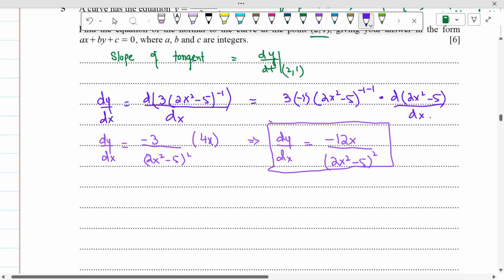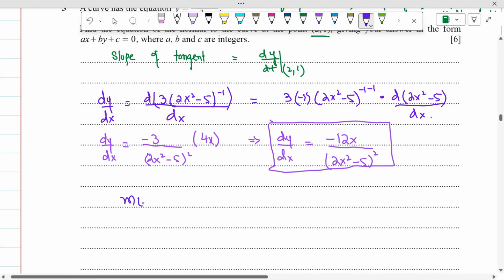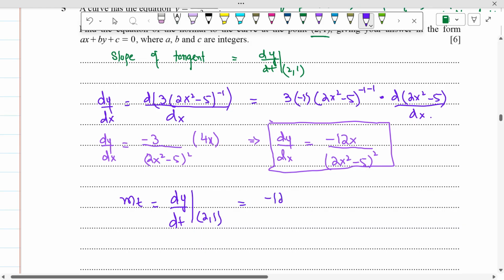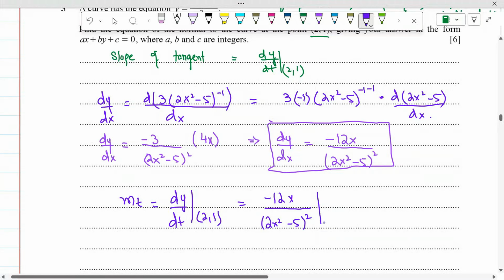We need to find the slope of the tangent. So the slope of the tangent is equal to the derivative at the point (2, 1). This is equal to negative 12x over (2x squared minus 5) whole squared at x equal to 2, since the x coordinate is 2.